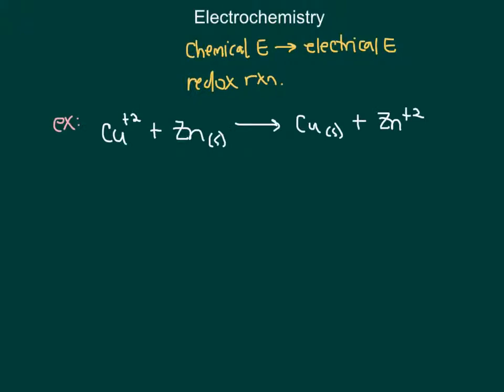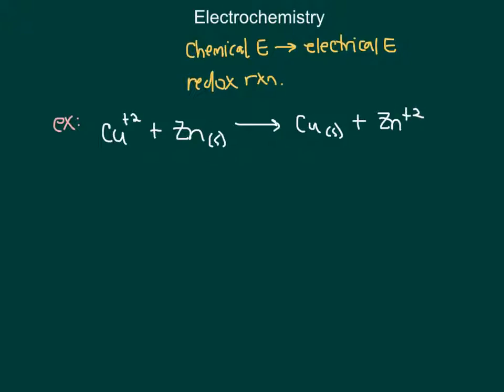For example, if you take zinc and you place it into a solution of copper, what you're going to find is the zinc is just going to give its electrons to copper and make copper turn into solid copper, and then of course the zinc will turn into copper ions.